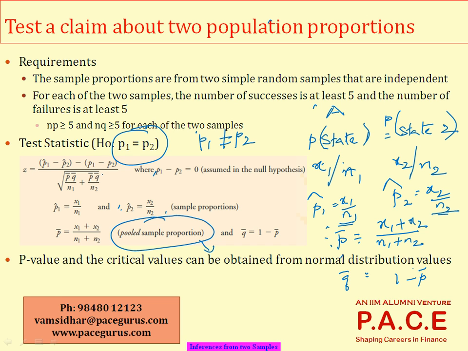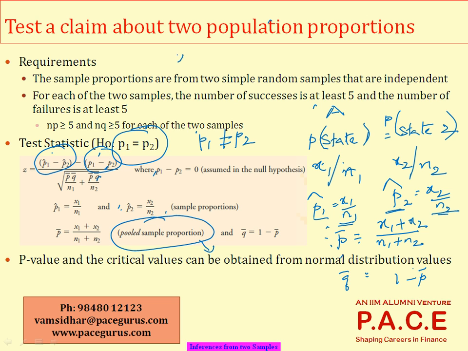And then, as simple as it is, we take the difference in our sample proportions, which is P1 cap minus P2 cap, minus the difference in the population proportions. Because we have hypothesized that both of them are equal, P1 minus P2 will always be 0.